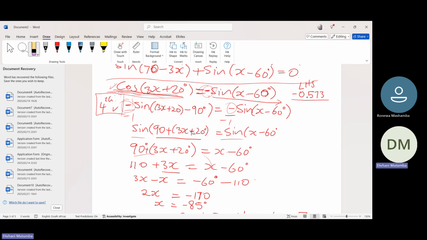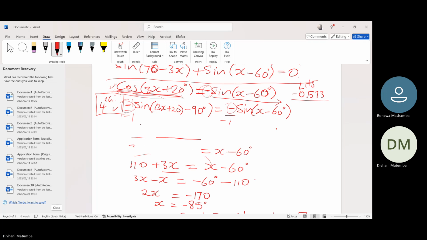We're going to have 3x plus 20 degrees minus 90 will give us that.